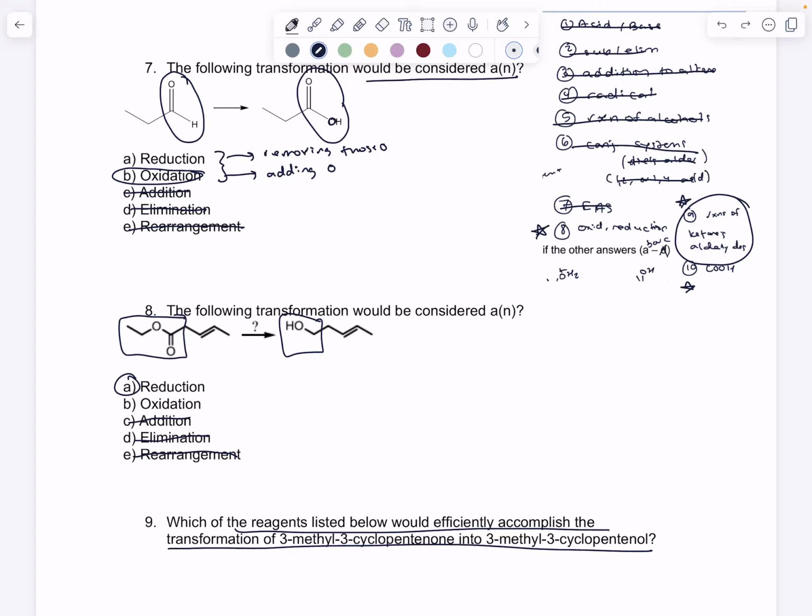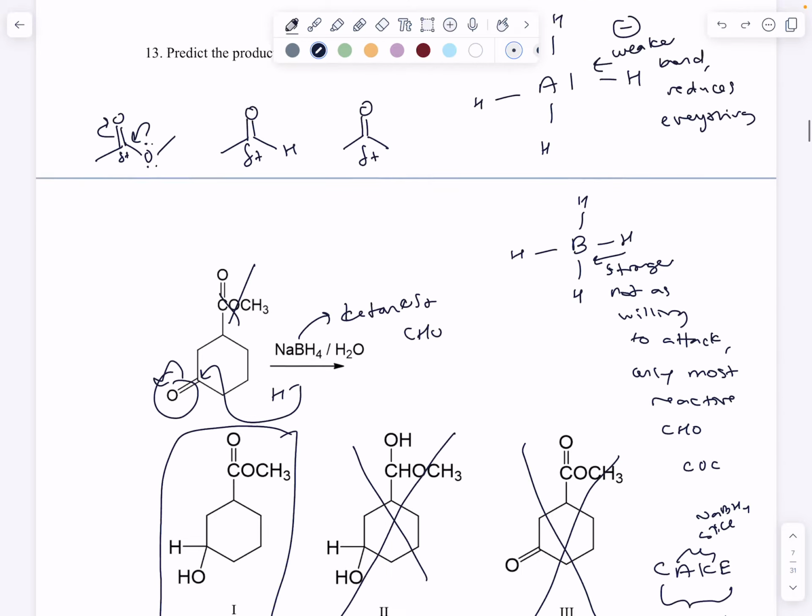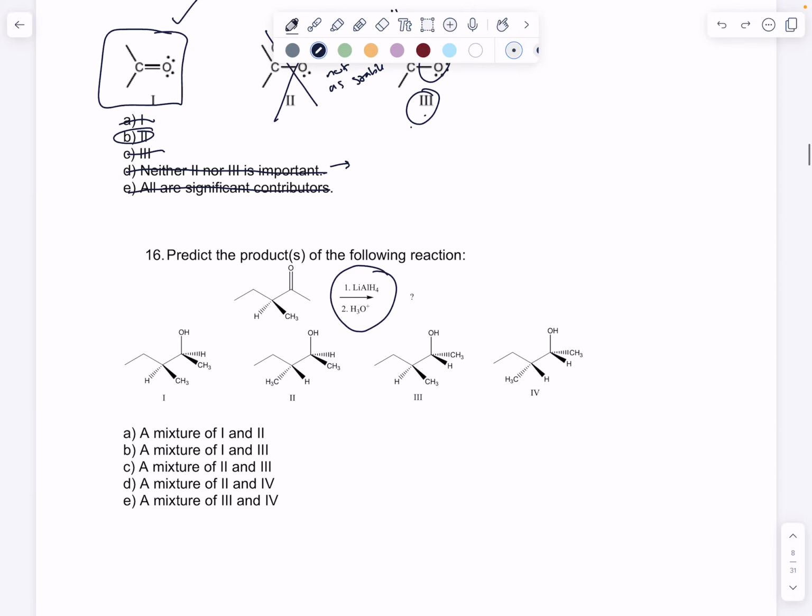Substitution, elimination, same kind of thing. So I've gone through this list in my mind, and I know that LAH goes with oxidation and reduction. And I know that LAH basically looks like this. And so then this must be attracted to this because it's negative, and that thing's positive, which will kick that bond up. And so we get a secondary alcohol.